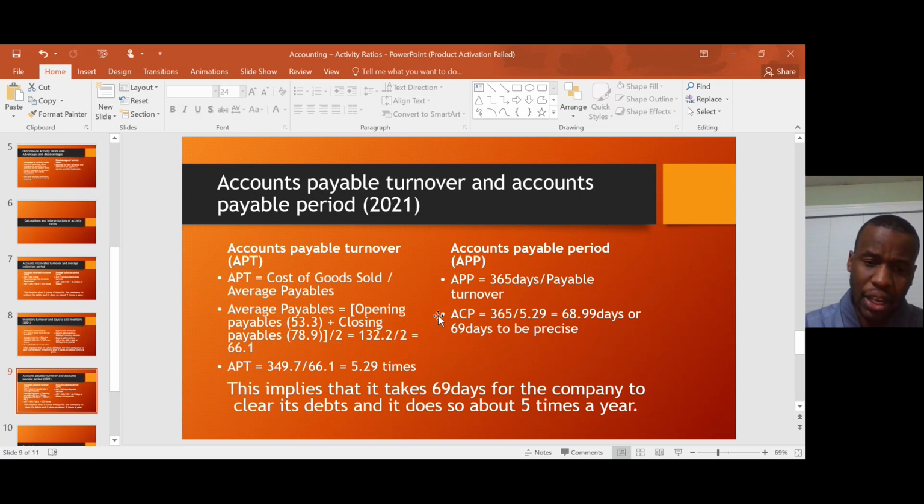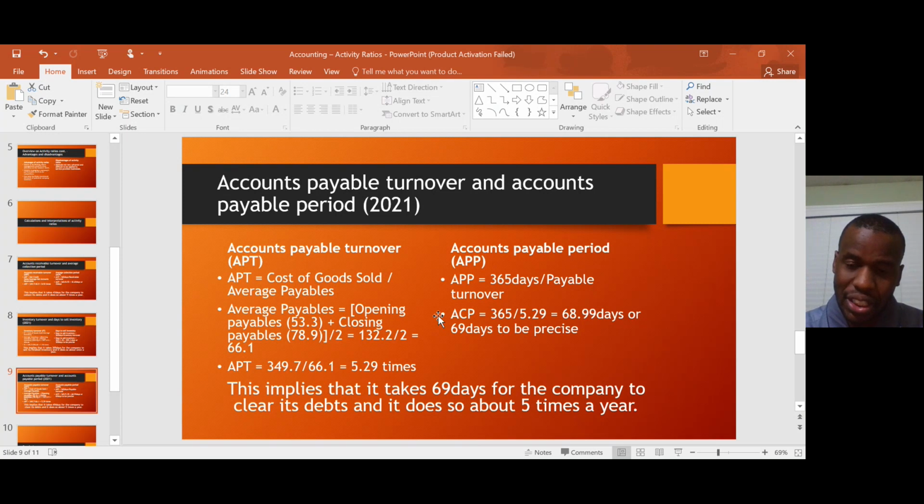And we got a figure of 5.29 times, which means that the company cleared debts about 5 times during that year. And the implication is that the company also took about 69 days, to be precise, to clear debts.